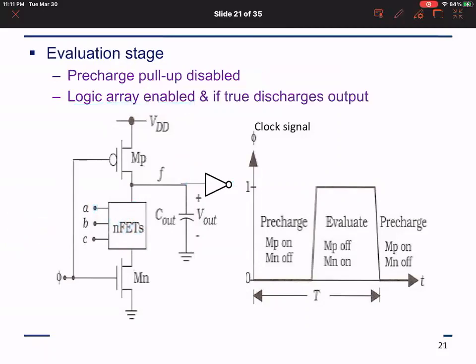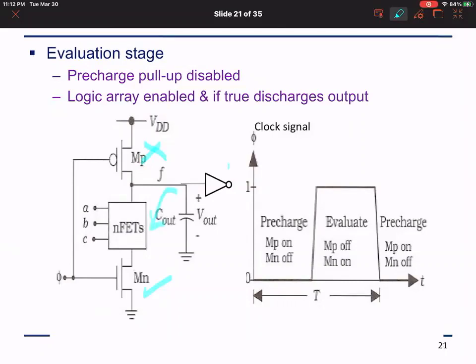Now during evaluate, this is turned off, this is turned on, and now any input signal that is arriving from the primary input will result in the discharge of this node.